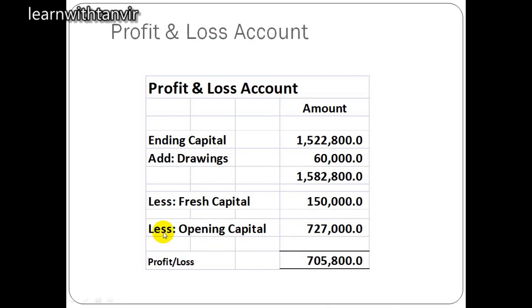Now at the end you can see that this is the opening capital. We will also minus this opening capital. The difference is 705,800. This is the difference between the opening and closing statements of affairs. This is his profit. Simple, very simple.